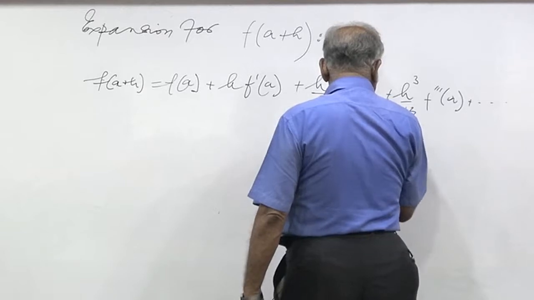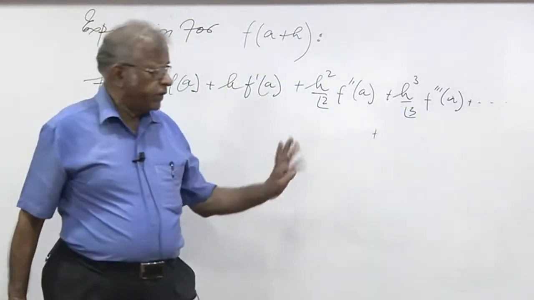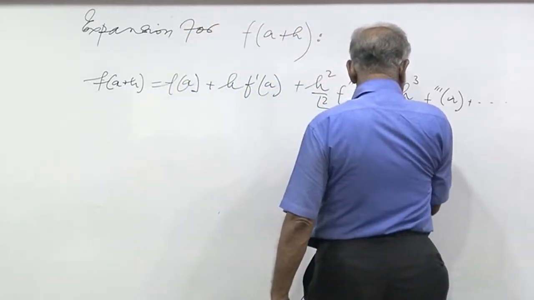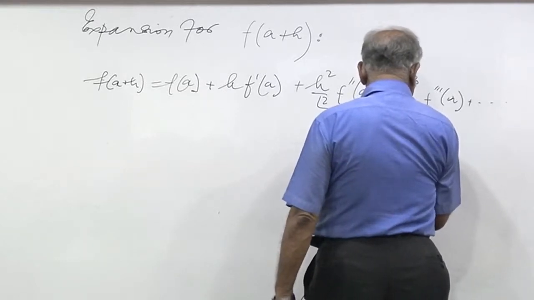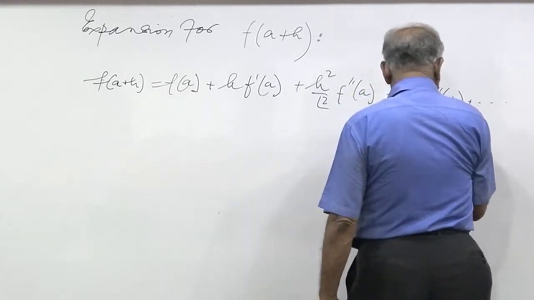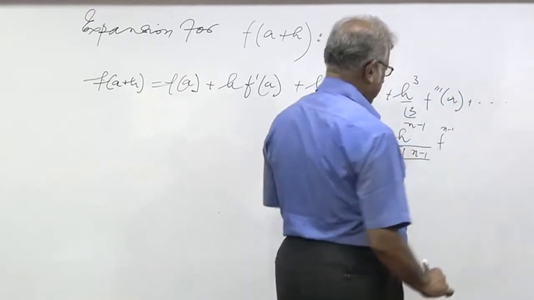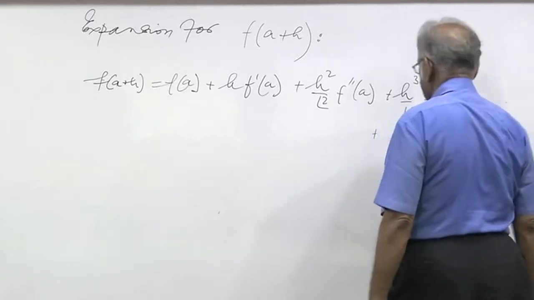And we go to the nth term, which of course is evidently going to be h to the power of n minus 1 by factorial n minus 1, f derived n minus 1 times, evaluated at a.